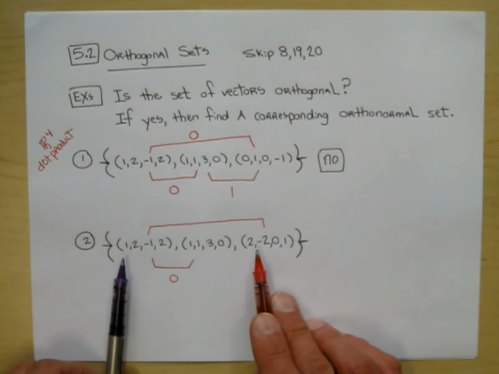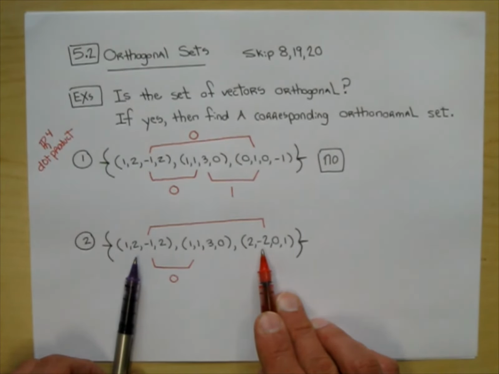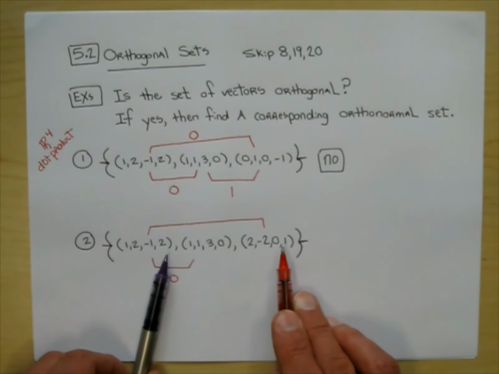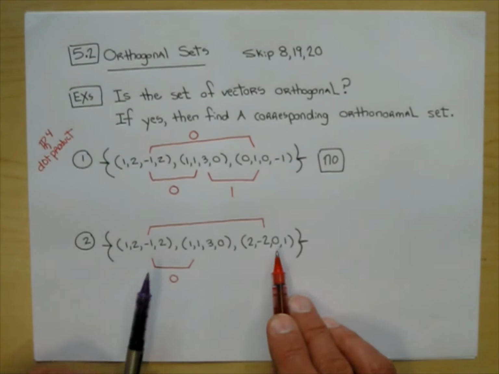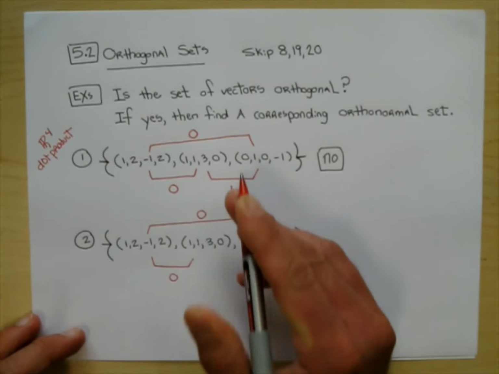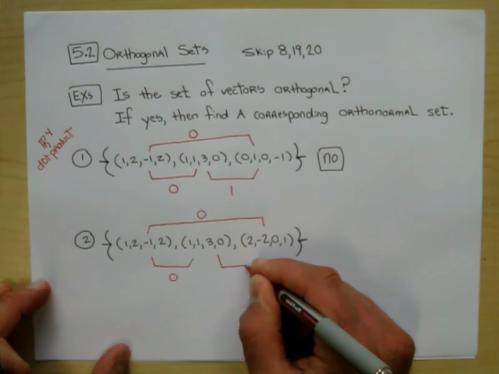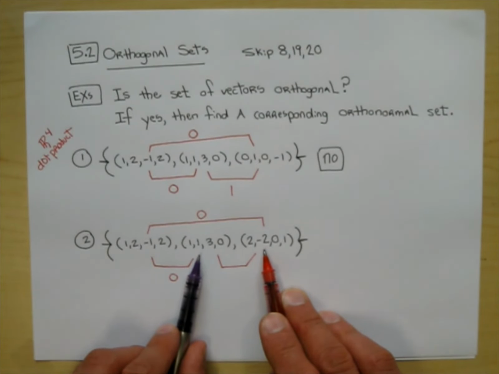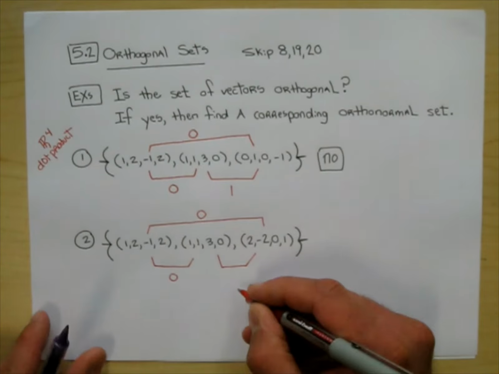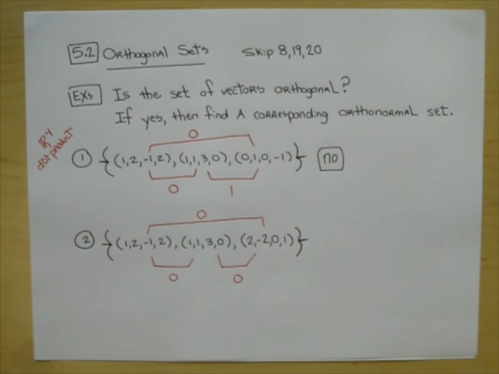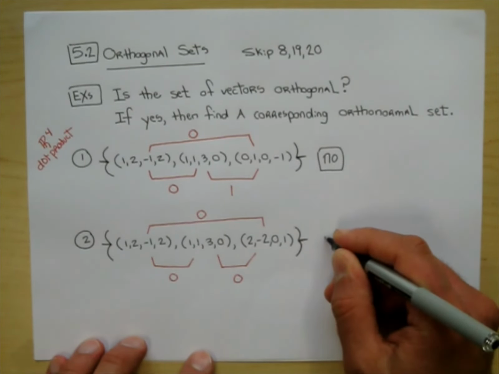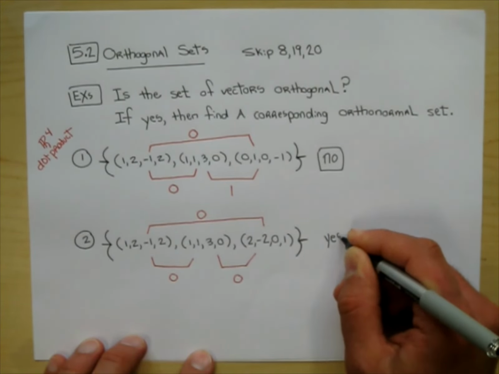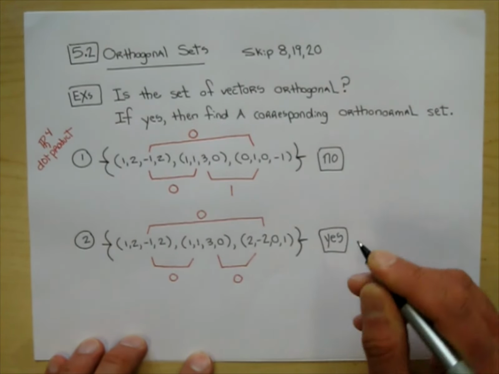Let's try that again. 2 minus 4 plus 0 plus 2. So 2 minus 4 plus 2. Hey, that's 0. Okay. And then let's do this one. This is going to be 2 minus 2, and then 0 and 0. So guess what? This is a yes. That is an orthogonal set.